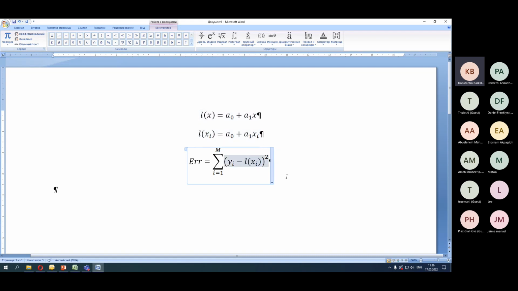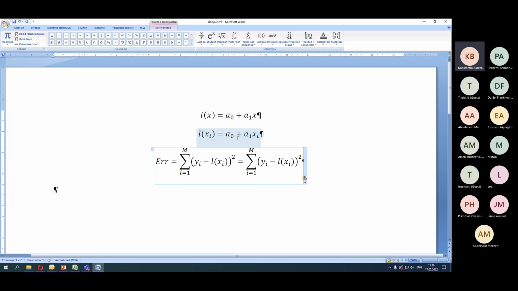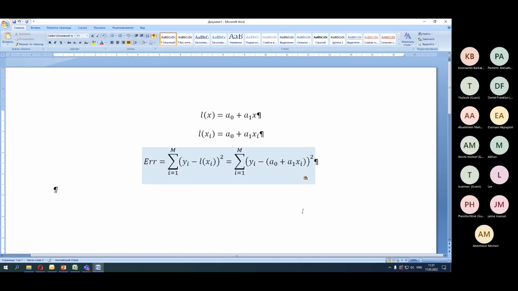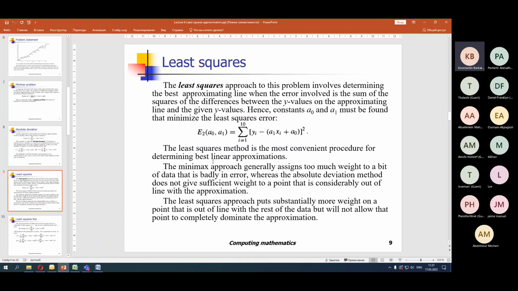If I substitute the equation of the line here, this formula becomes as written in my presentation: yi minus (a0 plus a1 xi).